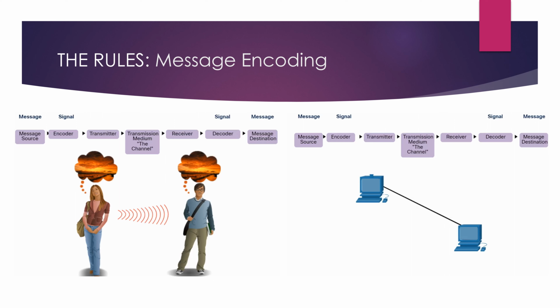As you can see, in both of them there is an encoder and decoder, where the encoder converts the information into another form acceptable for transmission, and the decoder gets the information from the receiver and decodes it for the destination. As an analogy, we will first explain message encoding in human communication.